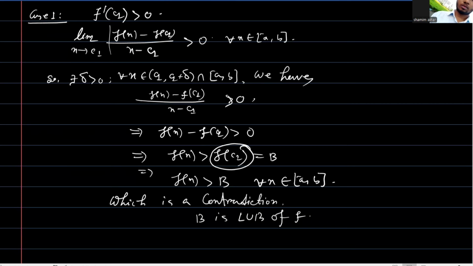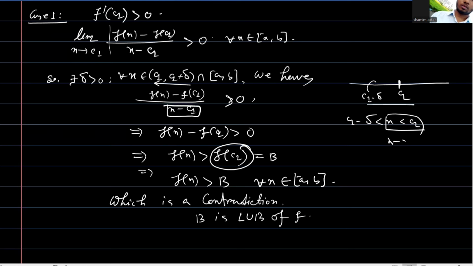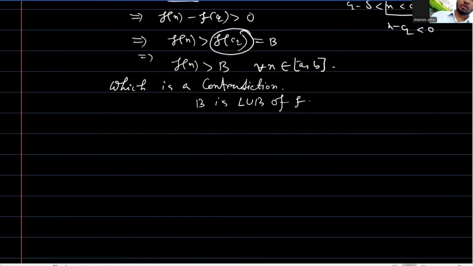Here we consider x in c1 to c1 plus del, not c1 minus del, because for x less than c1, x minus c1 is negative. We choose the neighborhood c1 comma c1 plus del, because there x minus c1 is always greater than 0. So in this case f dash c1 is not greater than 0.